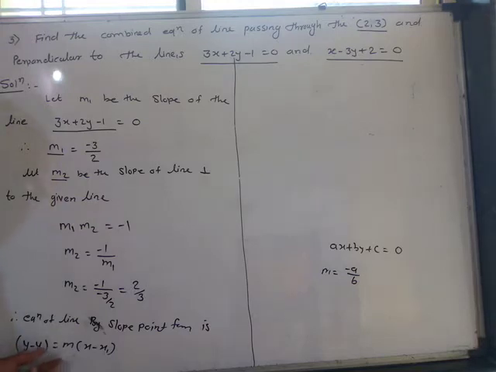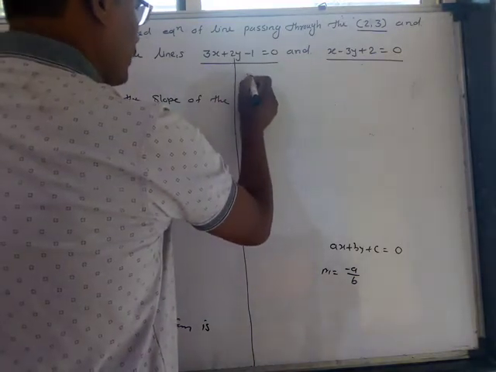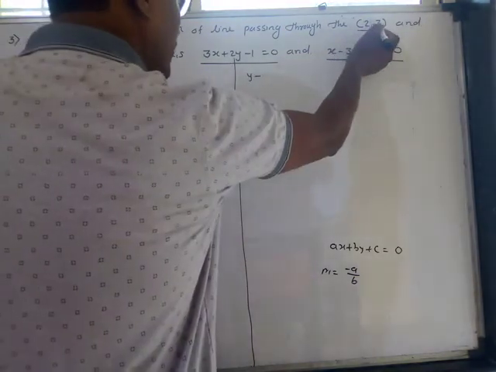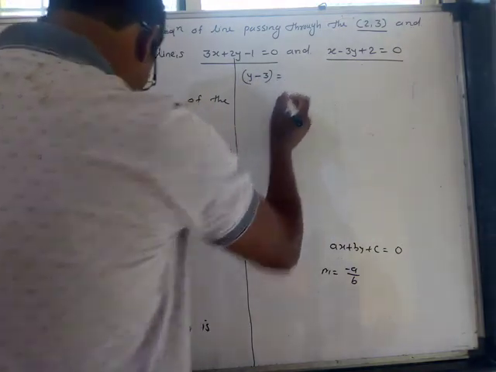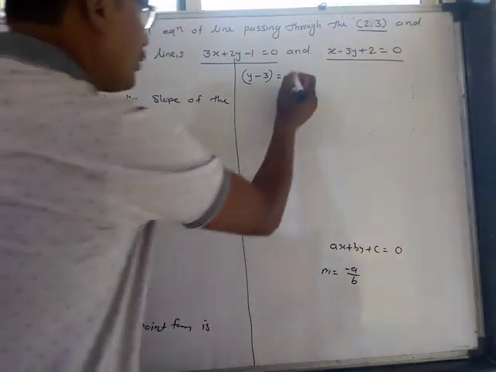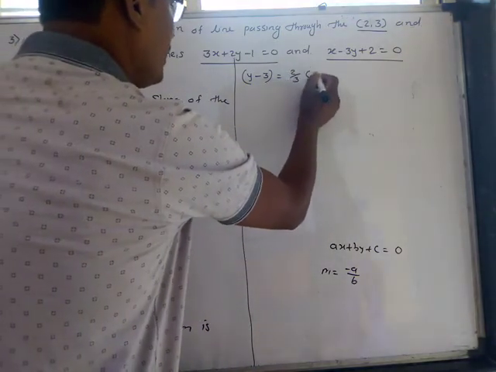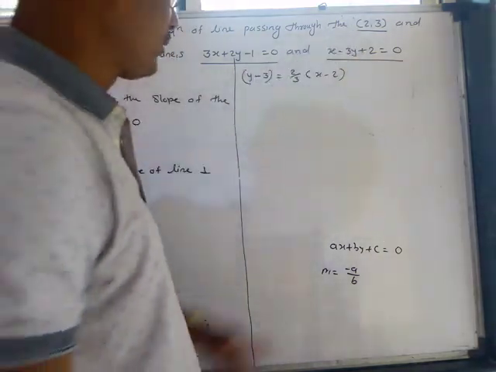This is the slope point form of the line, so the equation of the line passing through the point (x1, y1) and having slope m. Therefore y minus y1, that is y minus y1 ची किंमत आपली 3 आहे. So y minus 3 is equal to m, म्हणजे या लाईनला परपेंडिक्युलर असणार आहे म्हणून m2 आहे आपल्याकडे 2/3 into x minus 2. ओके, x1 ची किंमत 2.